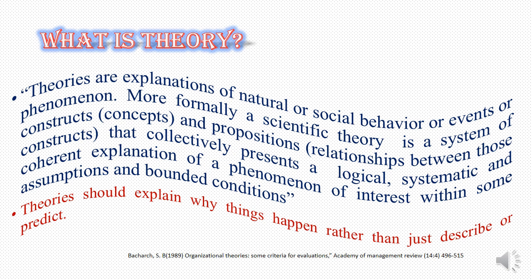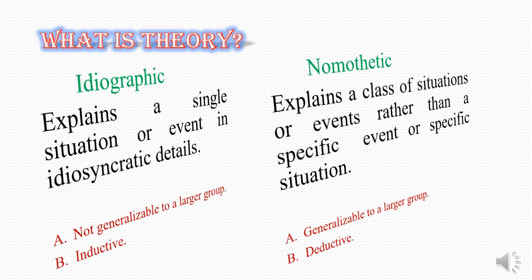But one thing in social sciences you got to remember, that theories are never proofs, and theories should explain why things happen rather than just describing or predicting it. Here is a division of the concept of theory in another perspective.